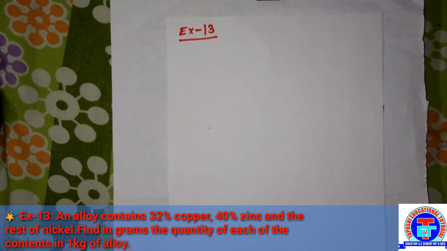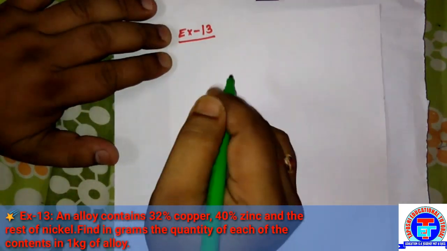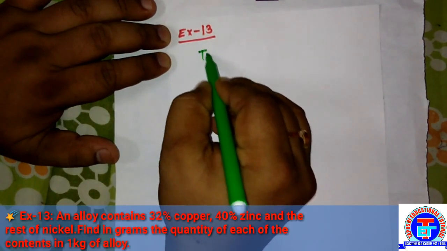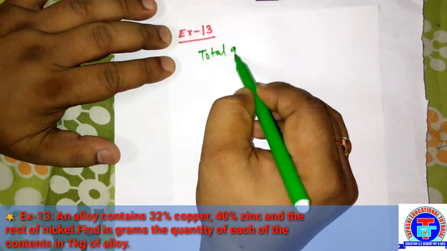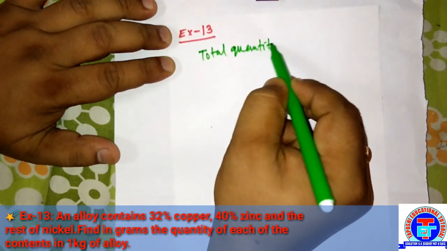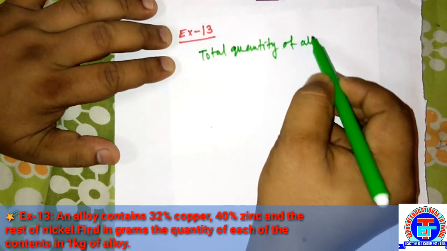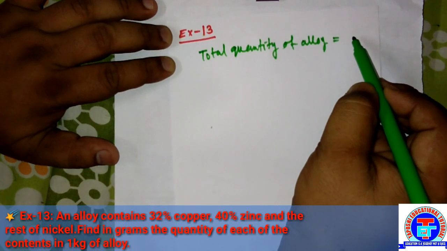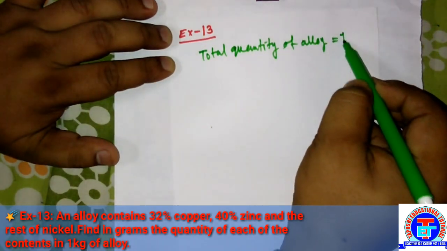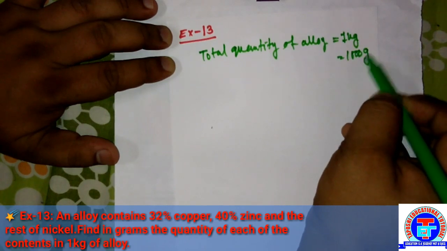So this is very easy math that we solve here. Here the total quantity of alloy is equal to 1000 gram. Here 1 kg is given, 1 kg, that means 1000 gram, right?